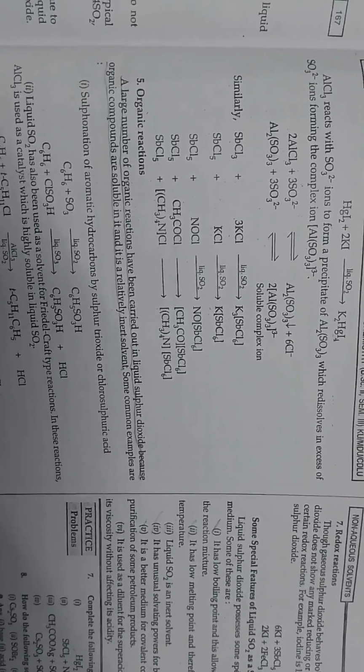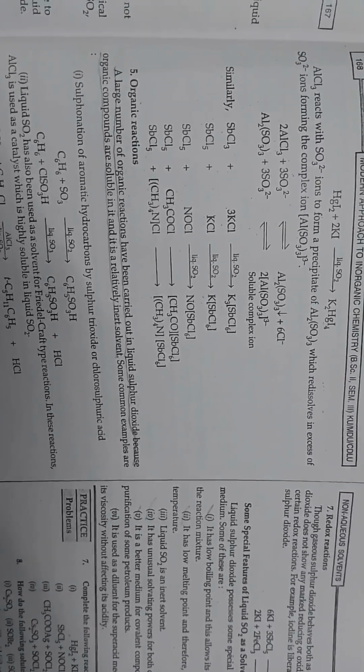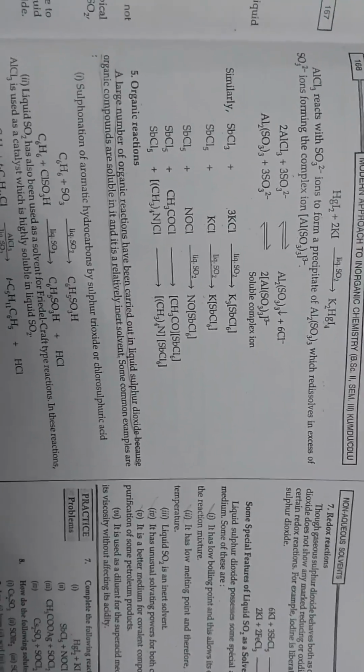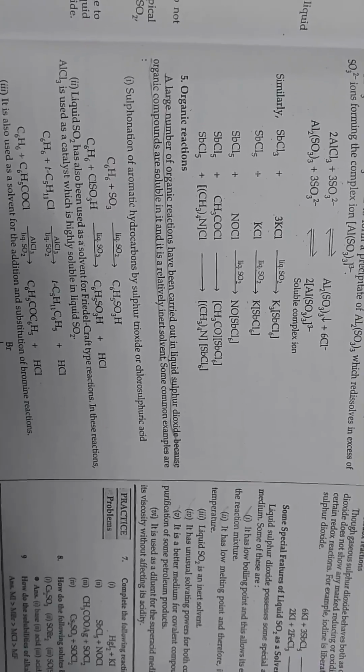2AlCl3 plus 3SO3 2- gives Al2(SO3)3 plus 6Cl-. Al2(SO3)3 plus 3SO3 2- gives 2[Al(SO3)3] 3-, a soluble complex ion. Similarly, SbCl3 plus 3KCl gives K3SbCl6. SbCl5 plus KCl gives KSbCl6.